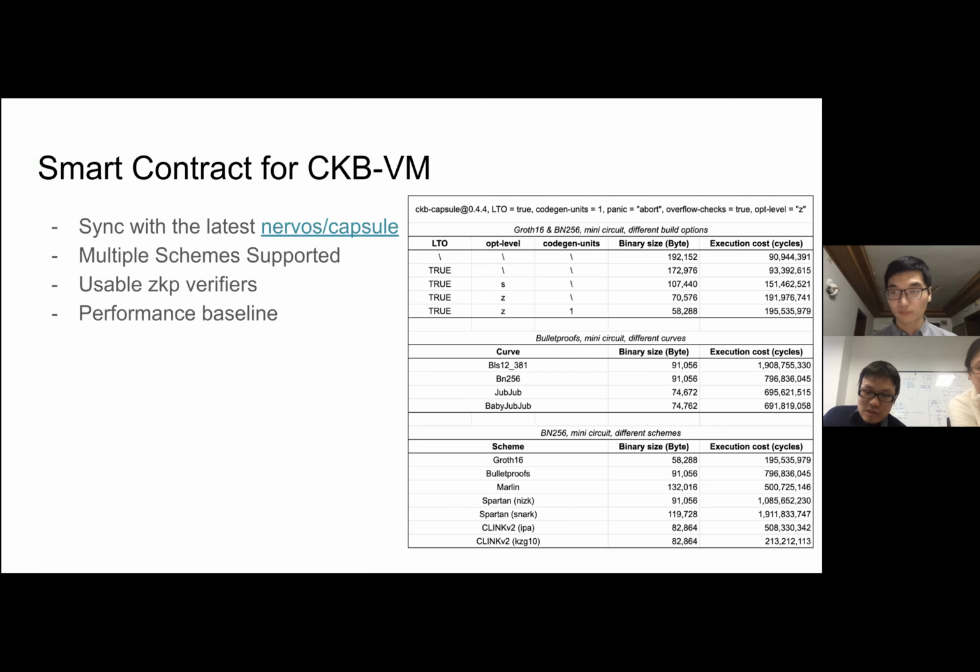Because generally the proving work is huge. Theoretically, the proof generation is running off chain. Yeah, exactly. Even for the verifier, for something like bulletproof, it can only work on a small amount of data because bulletproof is a linear time verifier algorithm.